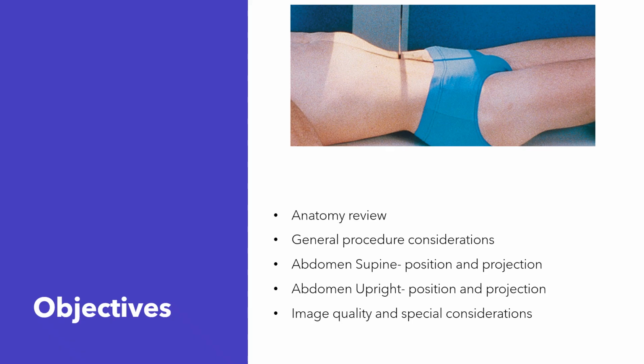And so the power settings on the machine are going to change with changing patient size. You're not going to use the same technique, as it's called. You're not going to use the same settings on the machine to x-ray a 4-year-old as you are a grown adult, as you are a heavy set or hypersthenic individual.